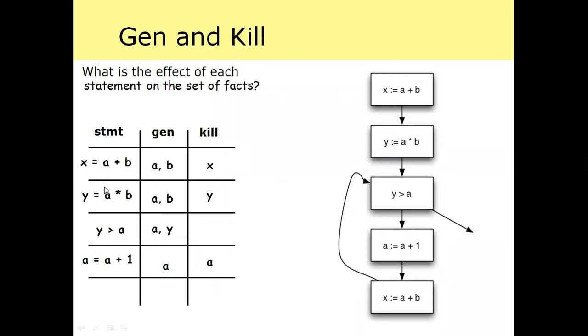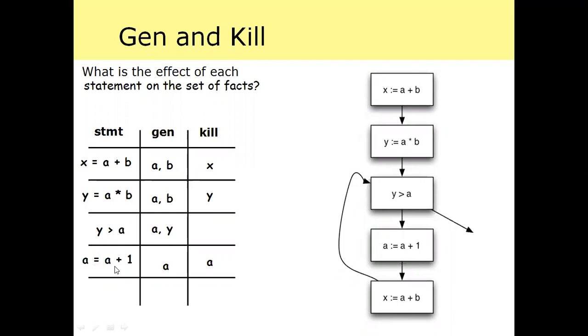I'm taking all the statements along with my conditional statement. Here, both a and b are generated because both are live variables. Here also both are live variables. And here we're not generating anything, but we're showing the condition while y is greater than a, where it generates a, y.